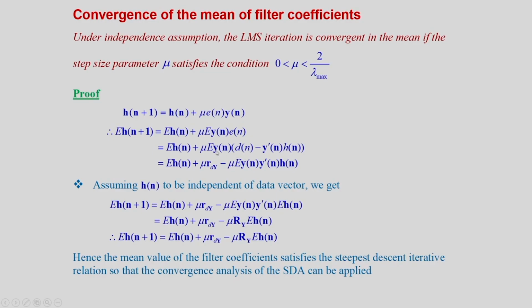Now, I can separately take the expectation here. So, the expression will be equal to E of h(n) plus this quantity will be Rdy, that is the cross correlation vector, and this part will be mu times E of y(n) into y transpose(n) into h(n).